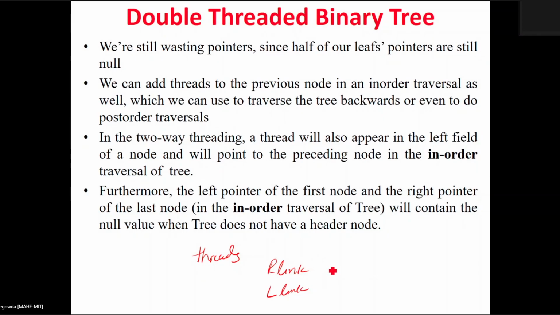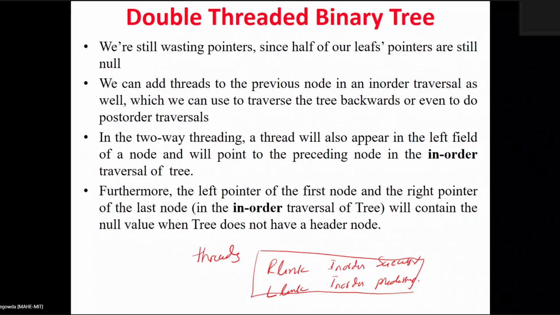So the R link always should hold the value of the in-order successor, whereas the left link should have a pointer to the in-order predecessor. This point you need to remember in order to build a double threaded or two-way threaded binary tree.